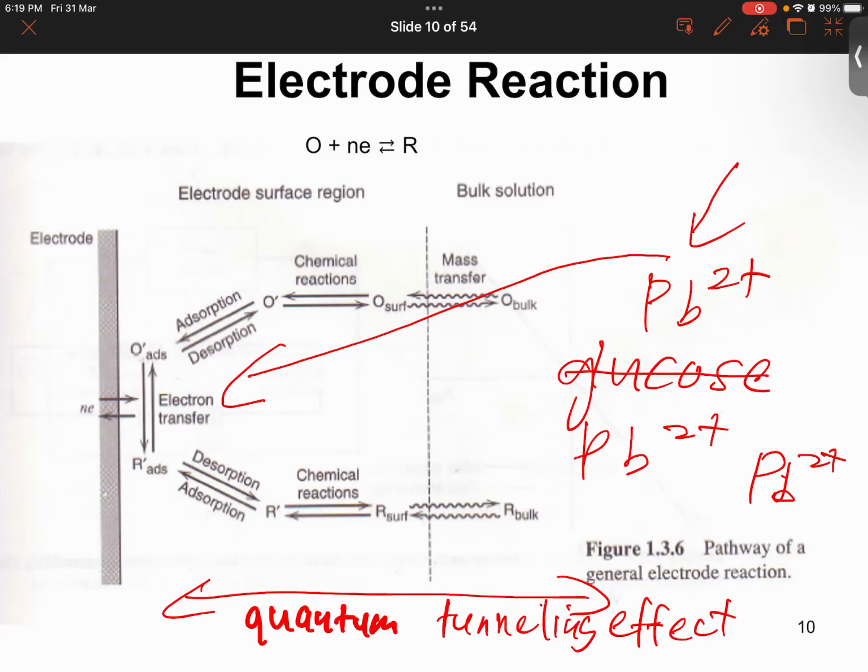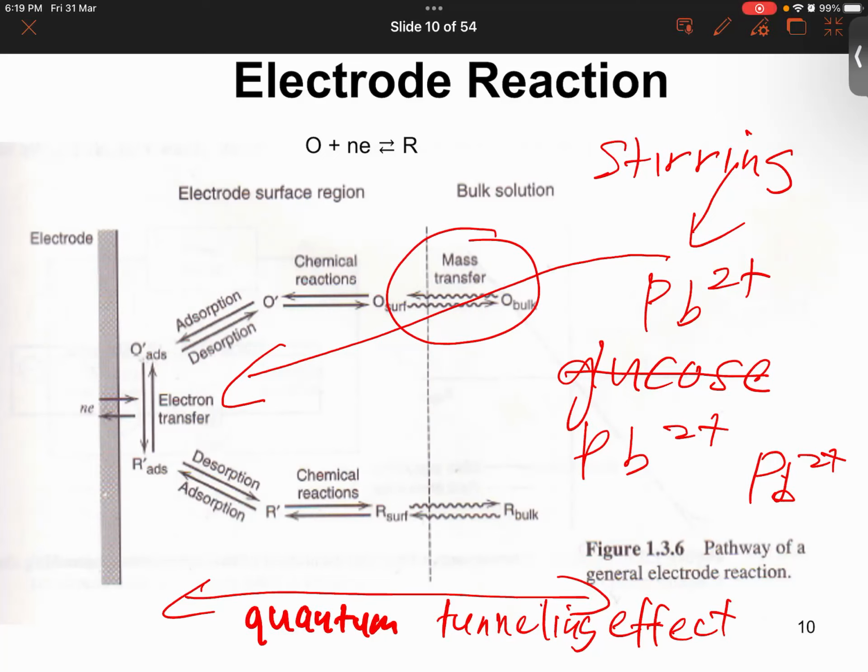So another thing that you can do is to use stirring. Why? Because we want the analyte to move towards the surface of the electrode. This is what we call mass transfer, because the system requires the analyte to move.